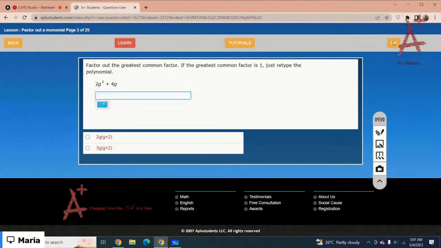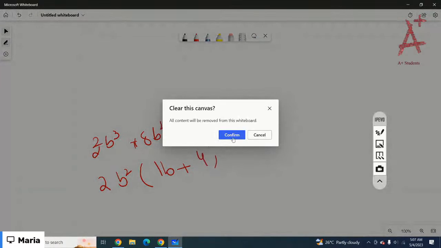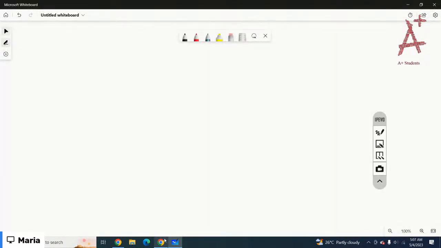Okay, the next one is 2g square plus 4g. You can take the smaller power common. Here you have g. Just take out common g, and also you can take common 2.